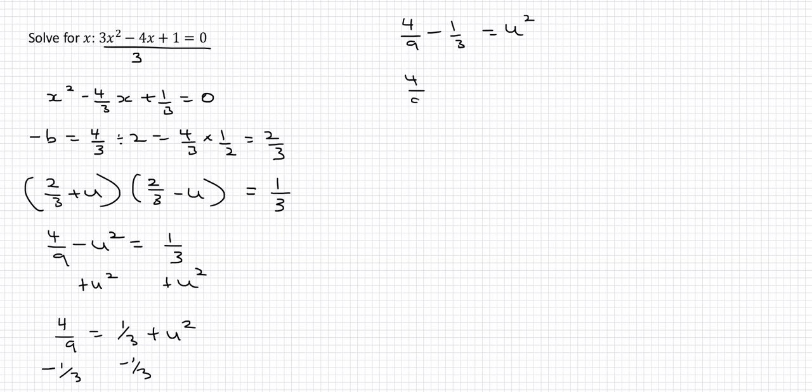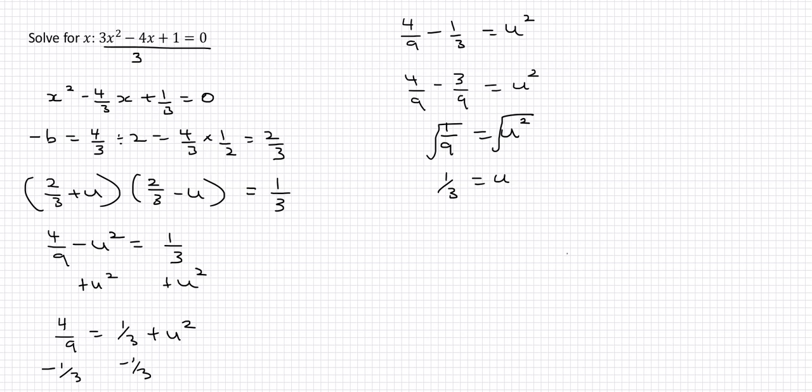So let's simplify here. We're going to write the equivalent value of 1 over 3 using a denominator of 9. So this is 3 over 9 equal to u squared. So 1 over 9 equal to u squared, and then we square root both sides of the equation, and u is equal to 1 over 3.